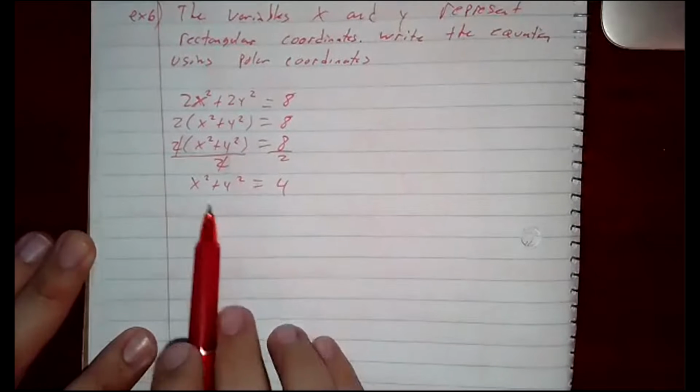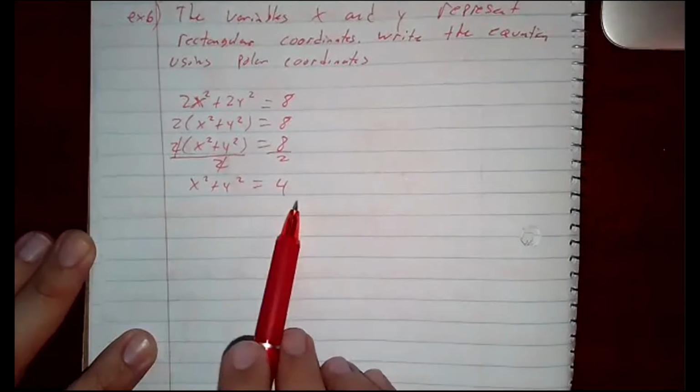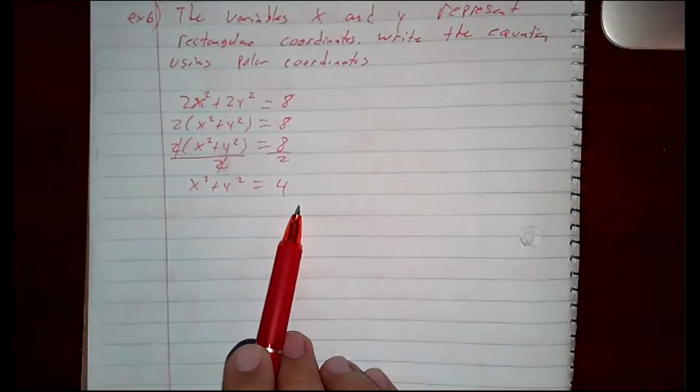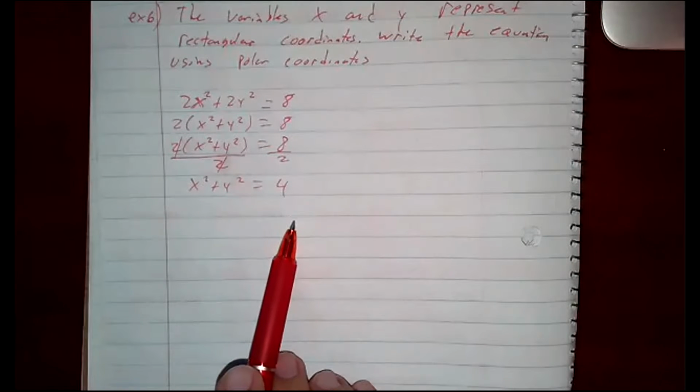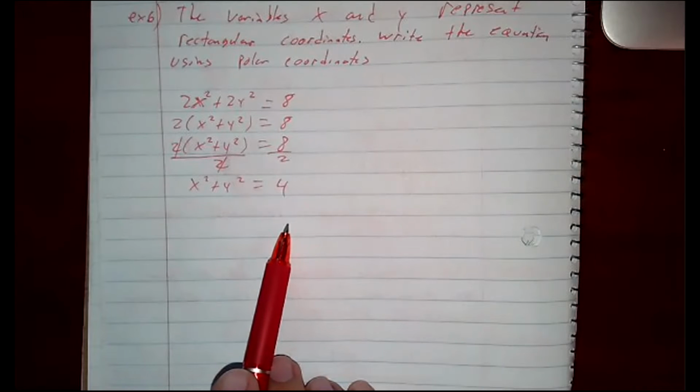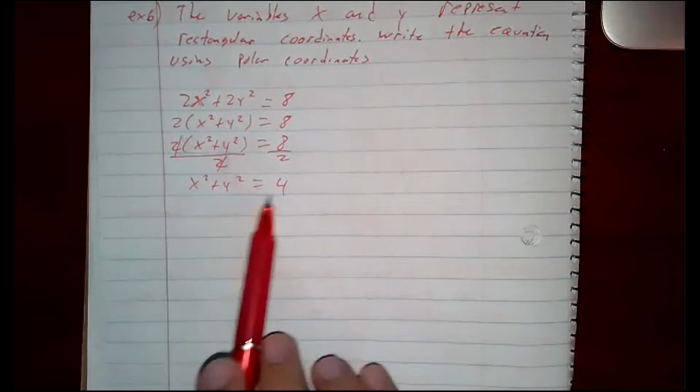So now, before we do anything, what does this look like to you? What type of graph is that? A circle? Yeah, it's going to be a circle, right? Circle of radius 2.